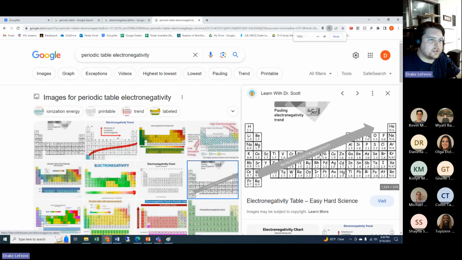As we go more up and to the right, we get more and more electronegative, excluding this last row because they have a full valence shell, so they don't need any more electrons. As we go further and further up to the top right corner, it gets more and more electronegative.